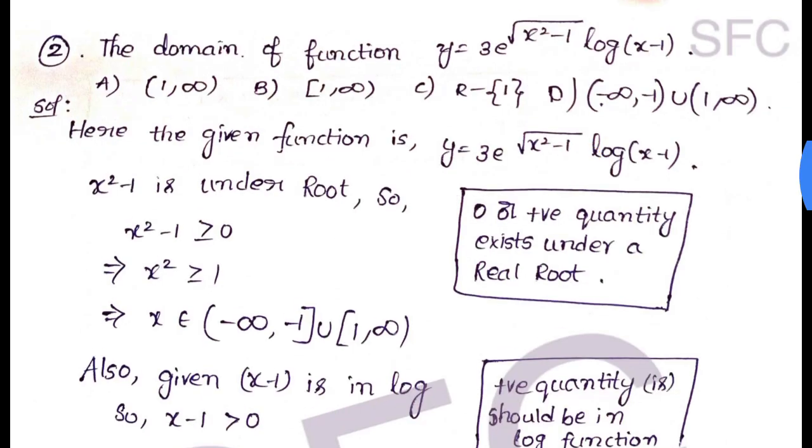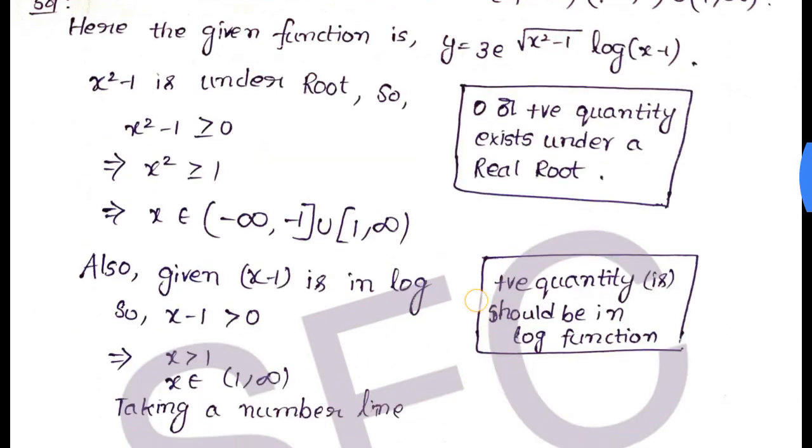Now transposing 1 to the right hand side, that is transferring 1 to RHS, we get x square is greater than or equal to 1. Now the interval in which this is satisfied is x belongs to minus infinity comma minus 1 closed union closed 1 comma infinity. Why? Because the terms minus 1 and 1 satisfy the equation.